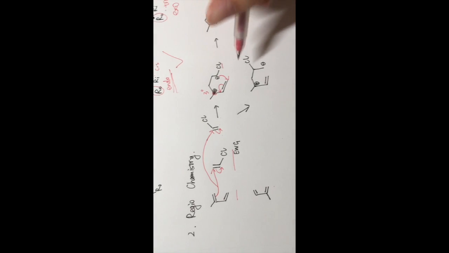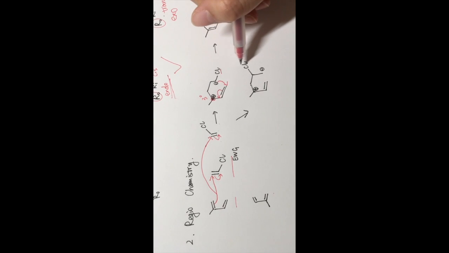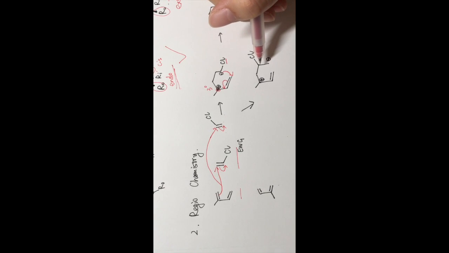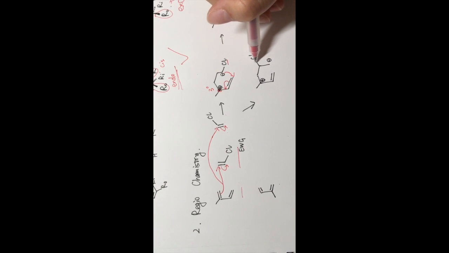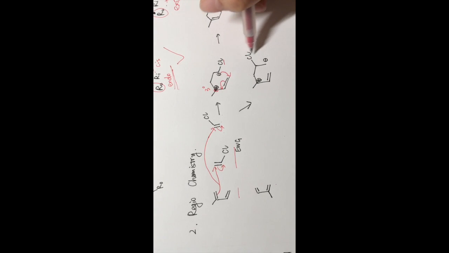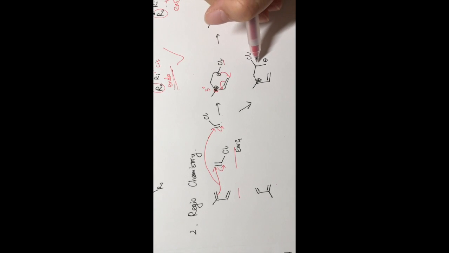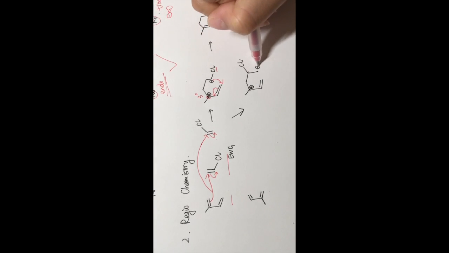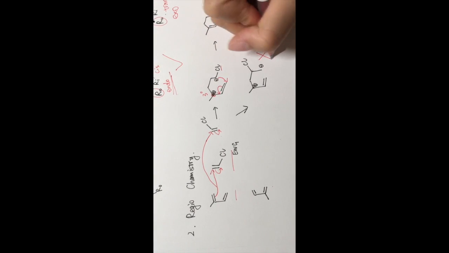This is an electron withdrawing group, and this is... so it would favor the negative charge here instead of here, so this would be wrong.